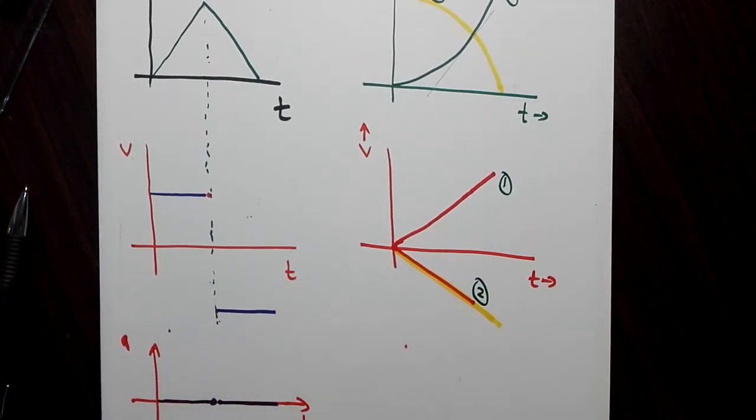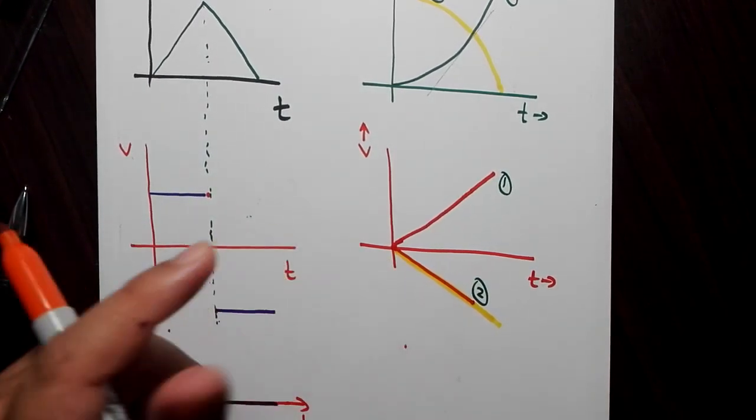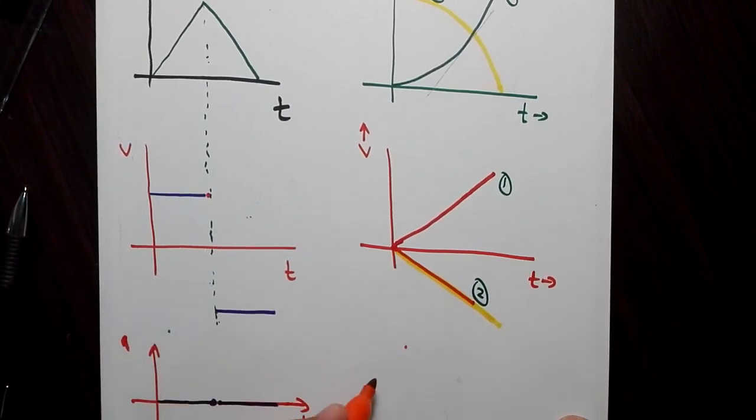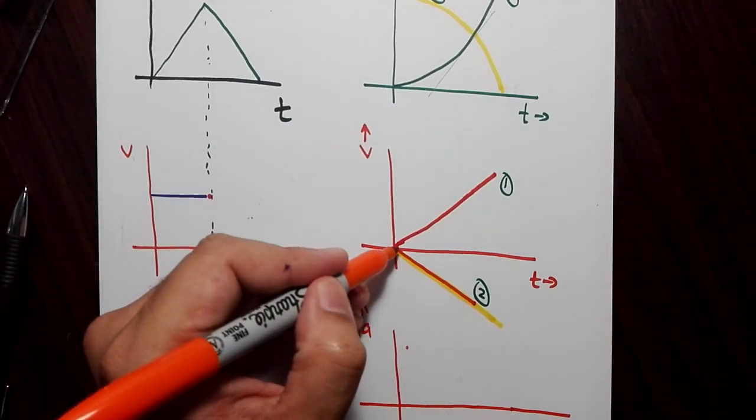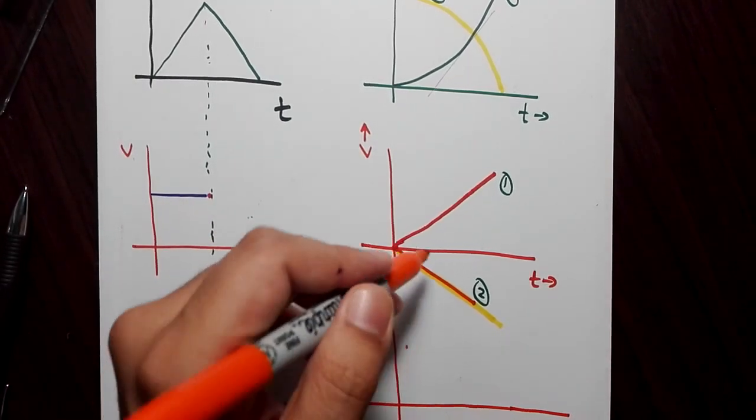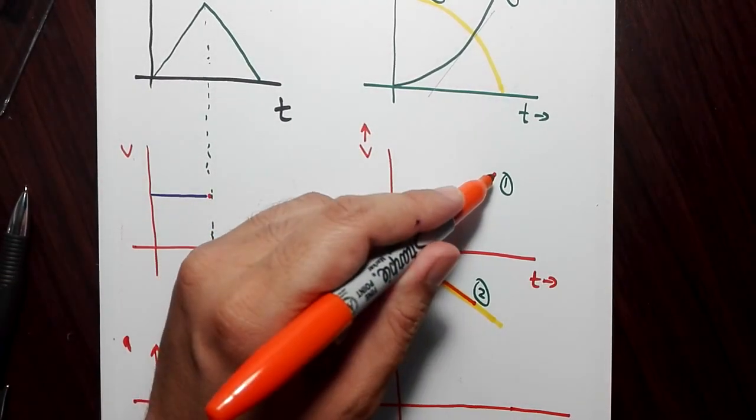Now if you want to plot the acceleration versus time graph of these guys for graph 1 and 2, what do you think? Pause and think. So this is a line with constant positive slope.